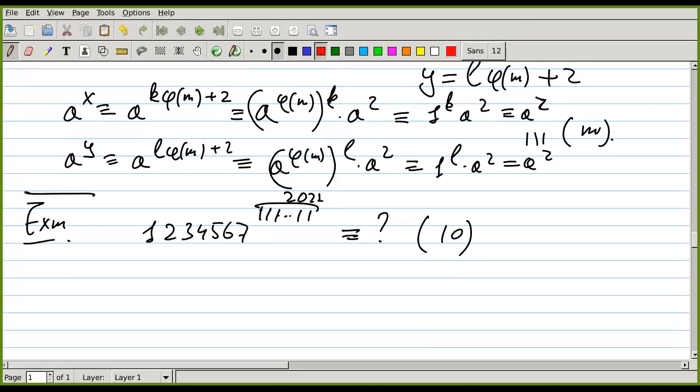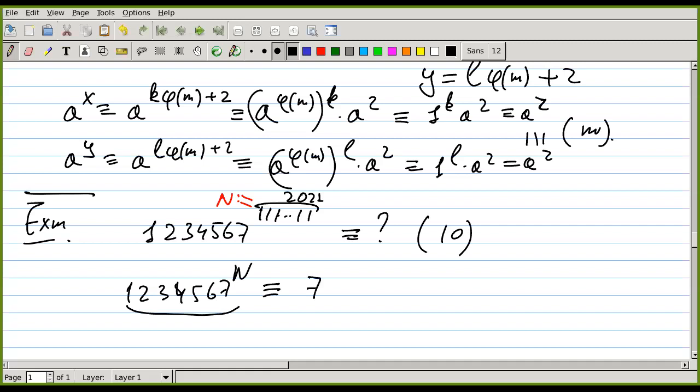How is it possible to obtain it? Let's denote this number by n. So 1, 2, 4, 5, 6, 7 to the power n is congruent to which number to the power n? So first of all, do you agree that this number is congruent to 7 modulo 10?